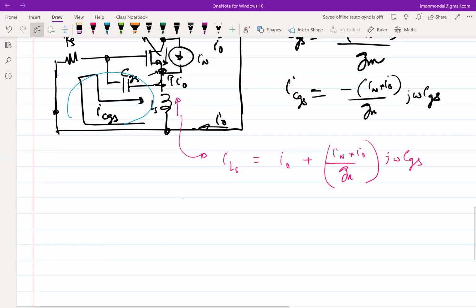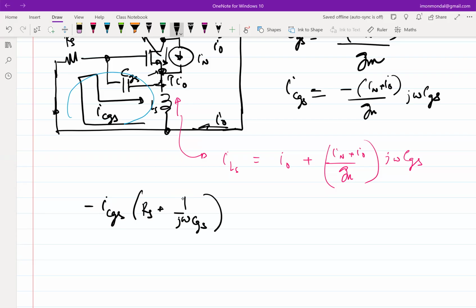Okay. So KVL at this loop essentially means that negative of ICGS times RS plus 1 by J omega CGS plus a negative of ILS, right?